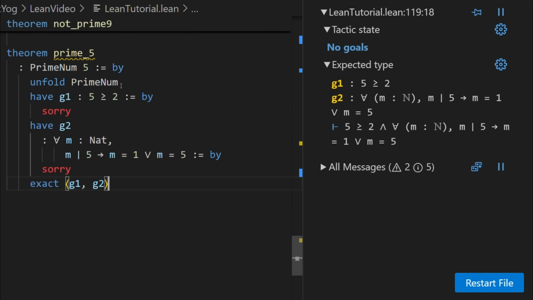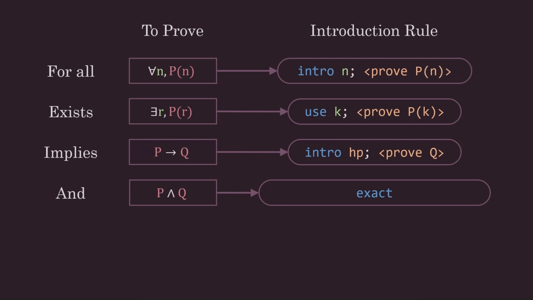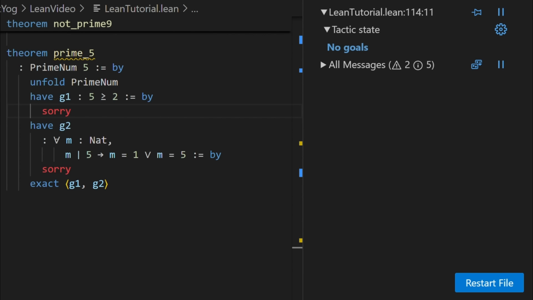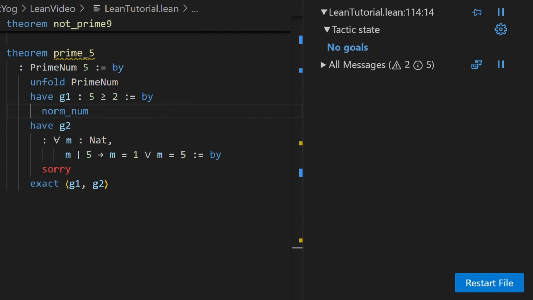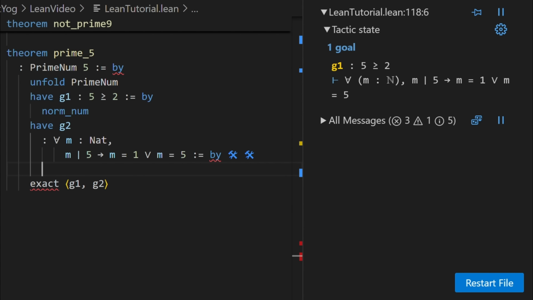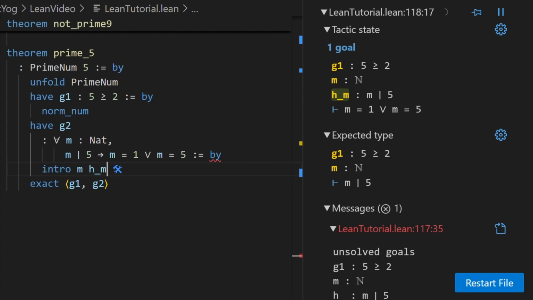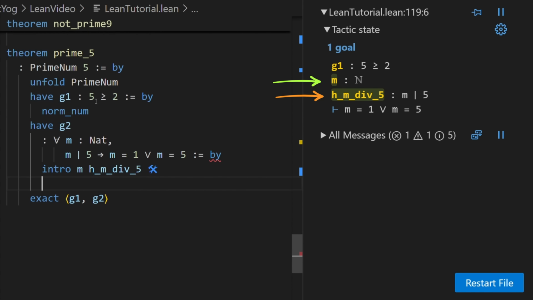We just need to fill in the sorries. An AND statement's proof is exactly the pair of the proofs of its two components. That's the AND introduction. We can prove 5 greater than or equal to 2 using norm num. For G2, we must first apply for all and implies introductions with intro m and hm div 5, assuming m and the proof of m divides 5.